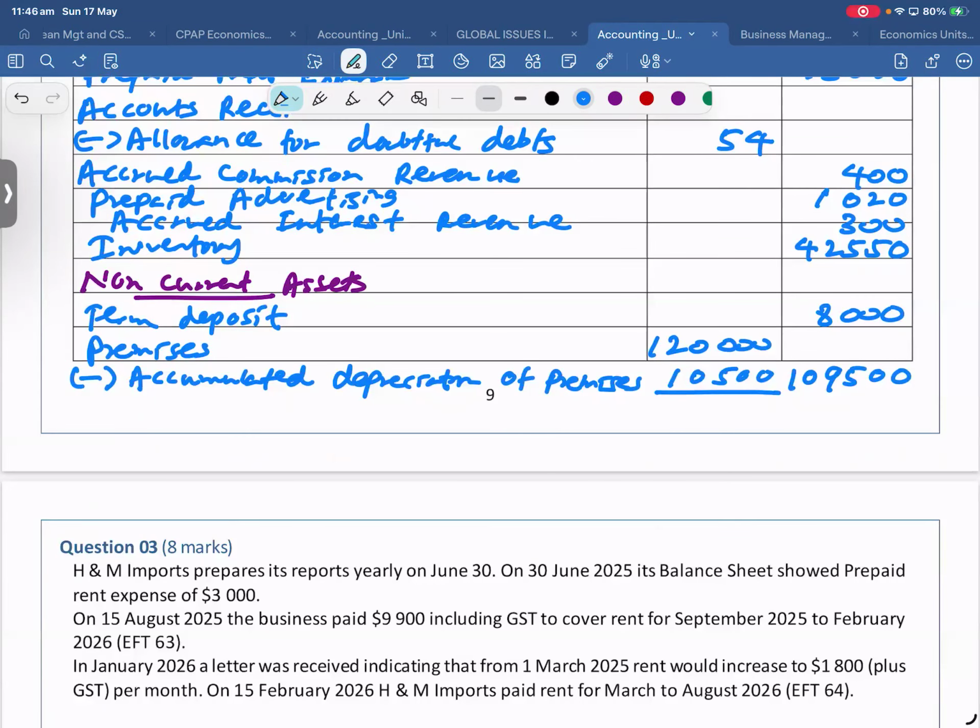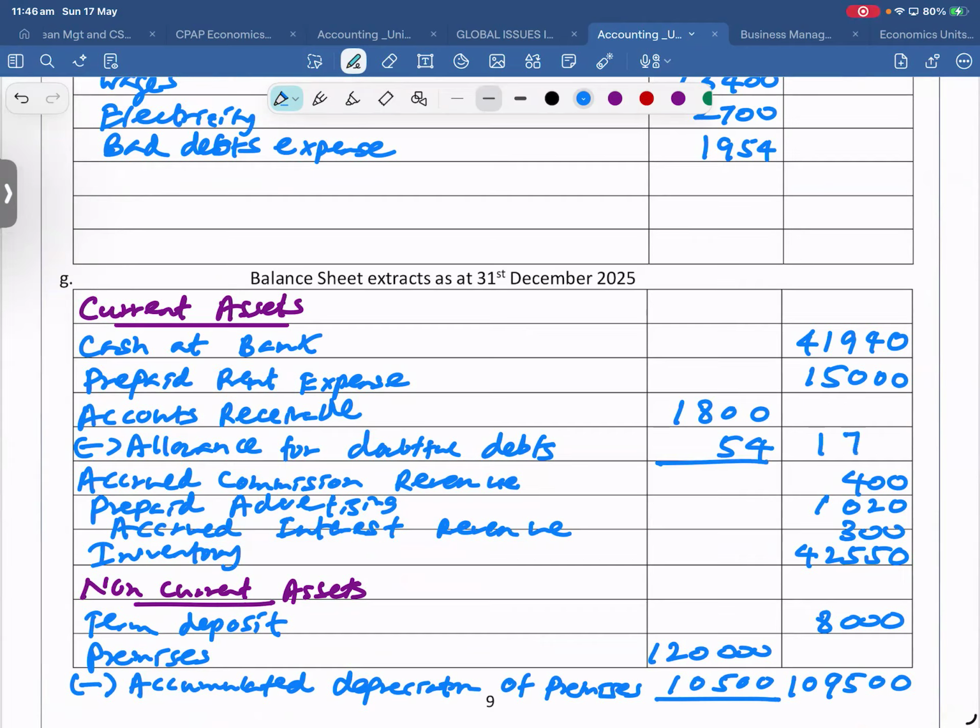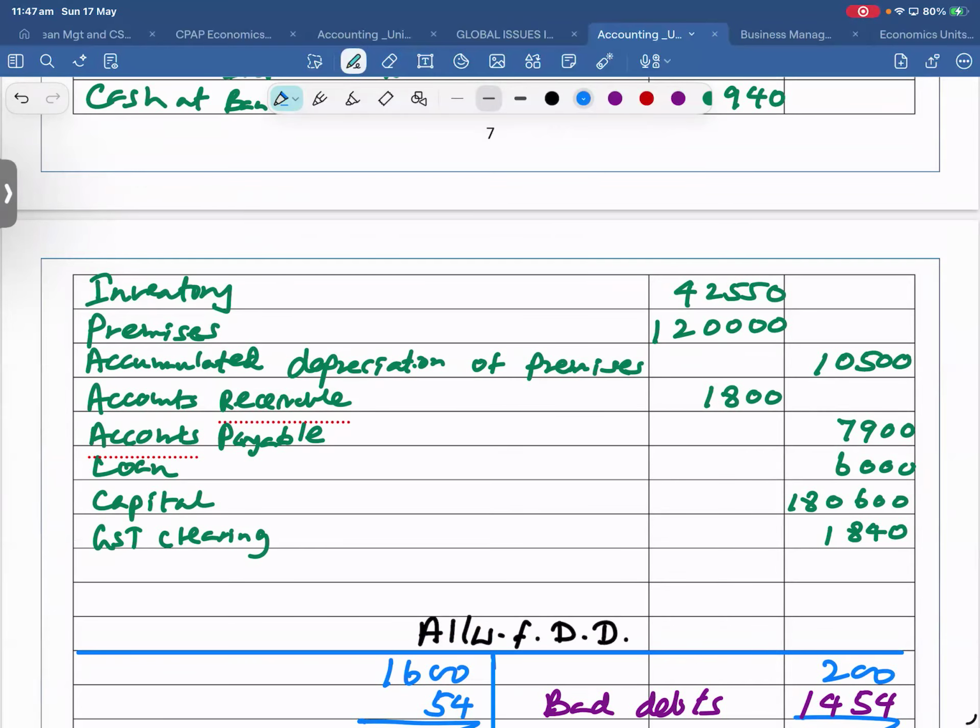And then from that we have to take away 54, which is 1746. Right? Okay. Technically, guys, that's it. The rest is accounts payable, loan. Those are liabilities, don't worry. Capital, GST clearing, we are not going to record those either.